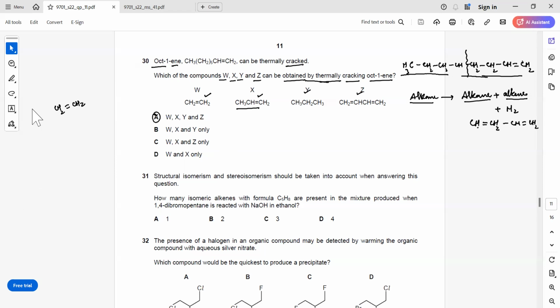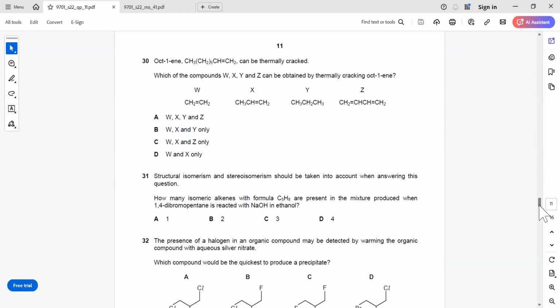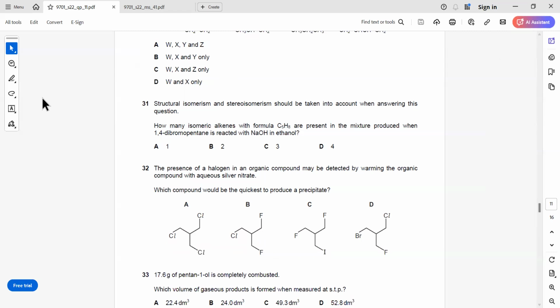Now, let's see the next question. They are saying in this question, structural isomerism and stereoisomerism should be taken into account. So both the isomerisms.